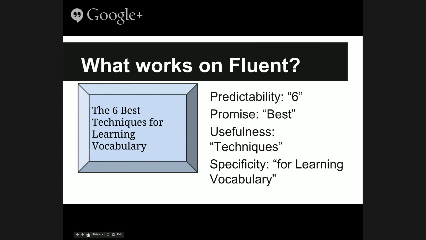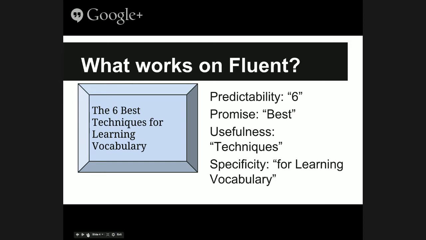Number 2, make a promise. So this blog article promises you that they're going to be the best techniques, the best ones that I know, the best ones that I have researched, and that is a promise, which raises the interest of your reader, and it sort of makes them think, oh, okay, yeah, if they're the best, I'm going to check this out. Number 3, usefulness. Your article has got to be useful for them.